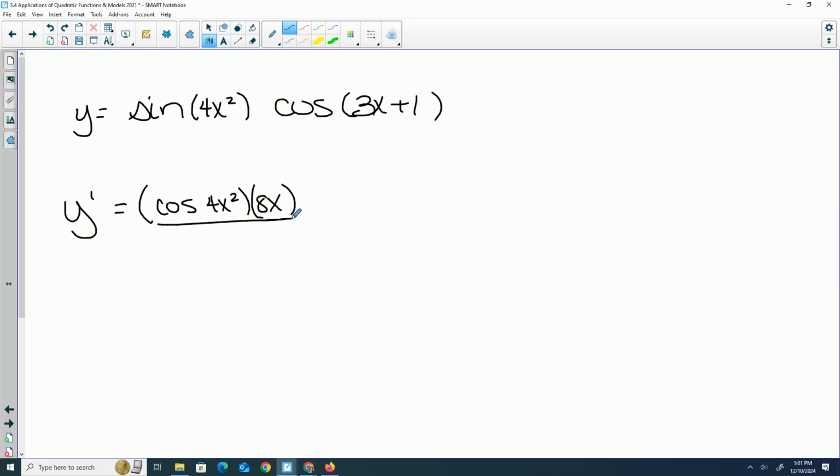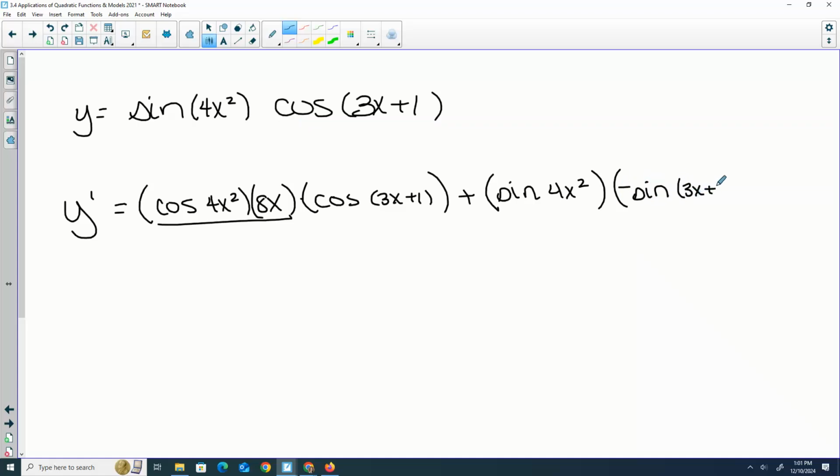So this all represents the derivative of the first times the second one. Plus the first times derivative of the second one. Derivative of cosine, negative sine, angle stays the same, times derivative of the inside is 3.